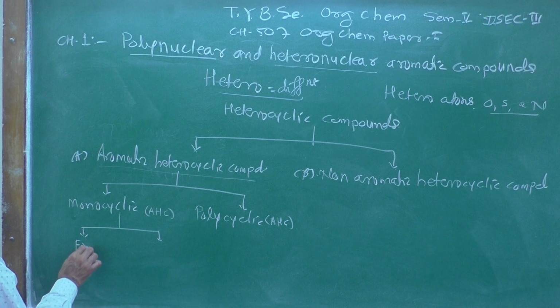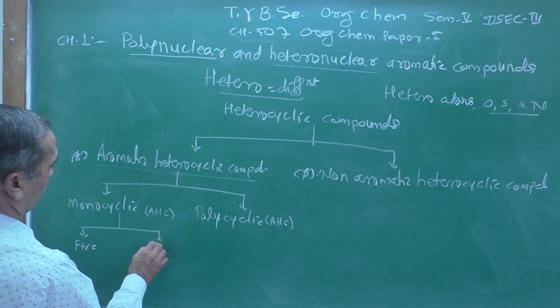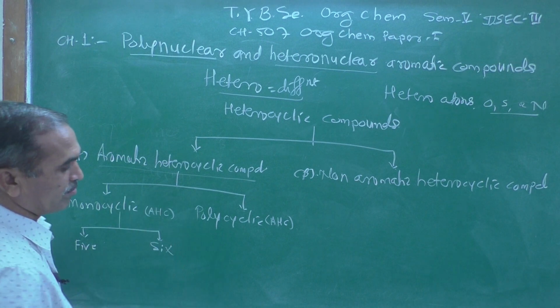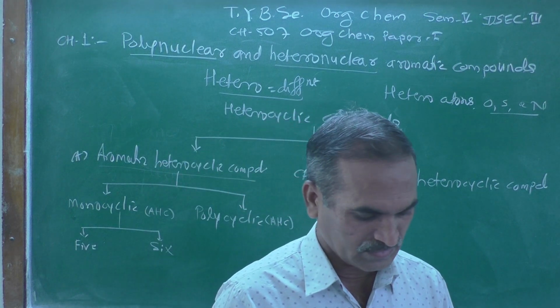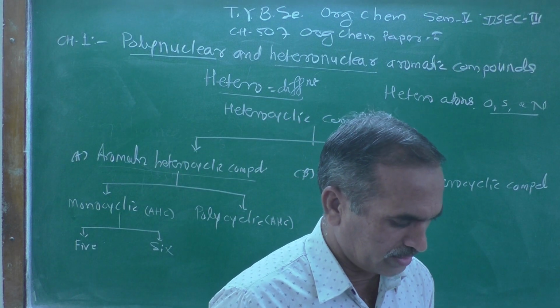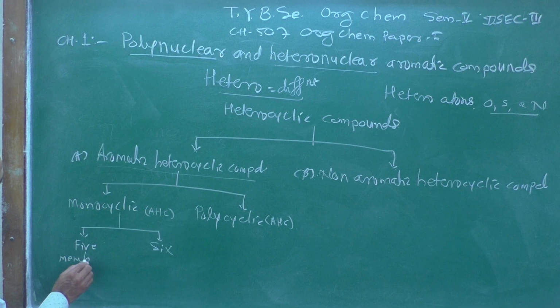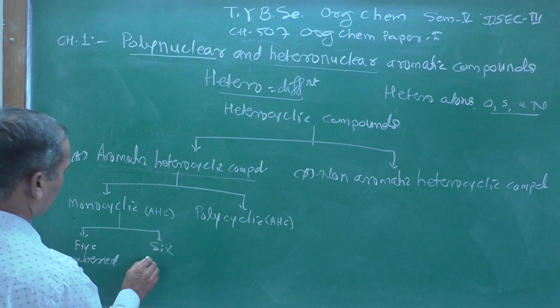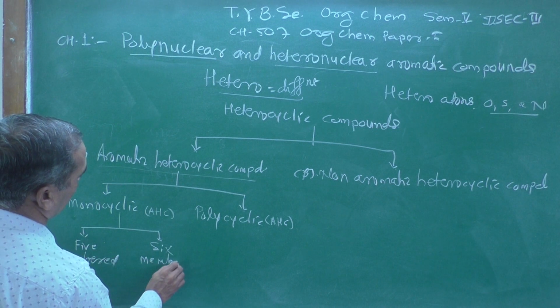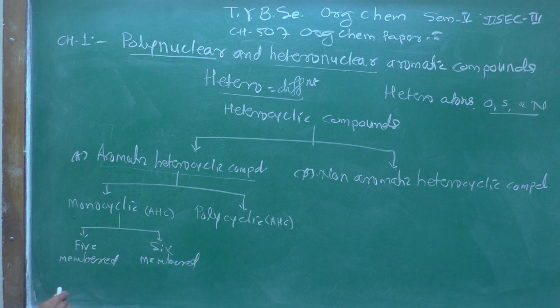One is the 5-membered ring and another one is the 6-membered ring. And 5-membered rings, for example, are furan, pyrrole and thiophene.